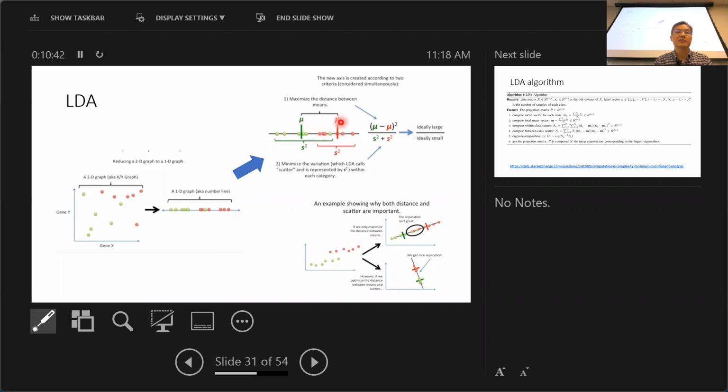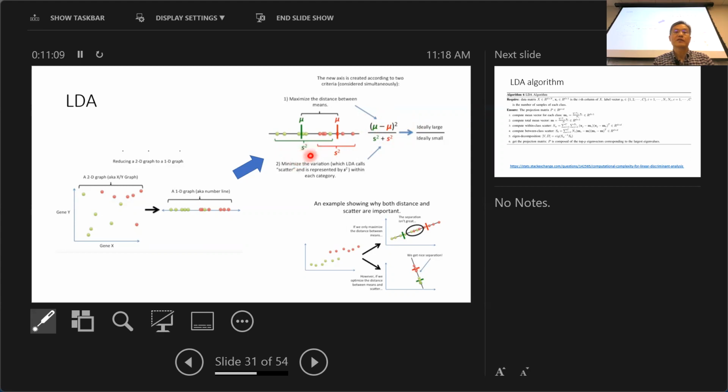You want to maximize the difference between them. So you take one mean minus the other and square it. Whether the difference is big or small, after squaring, a big value means the difference is big. So you want to maximize this, and you want to minimize their within group variation.